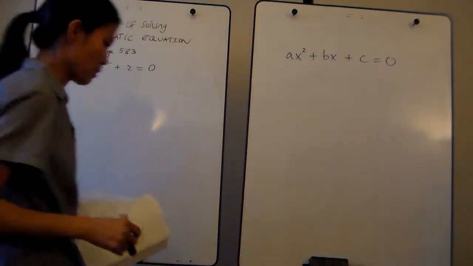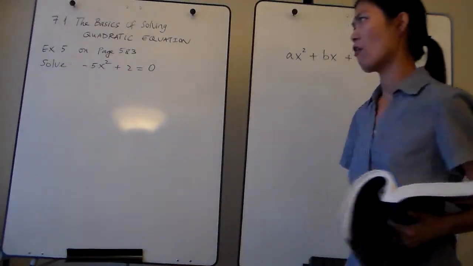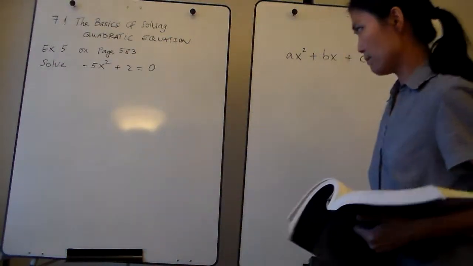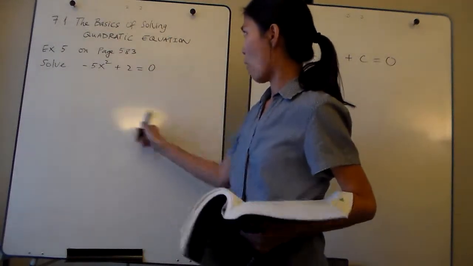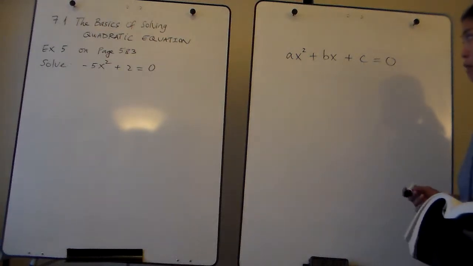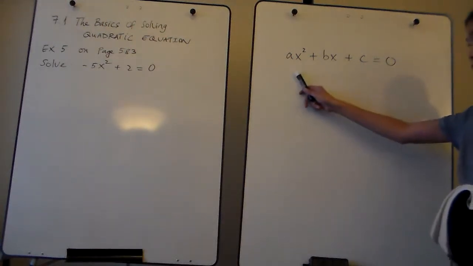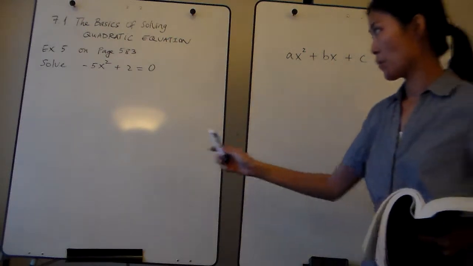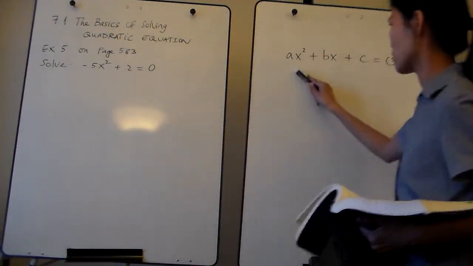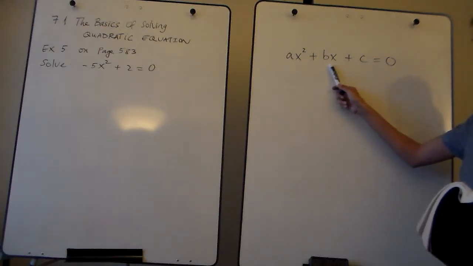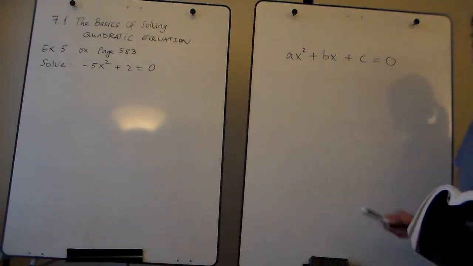To solve this equation, first you see that it has a second power. It means this is a quadratic equation, and the standard form for a quadratic equation is ax squared plus bx plus c equals 0. What we have is the x squared term, which is here. We don't have the bx term that has x to the first power.